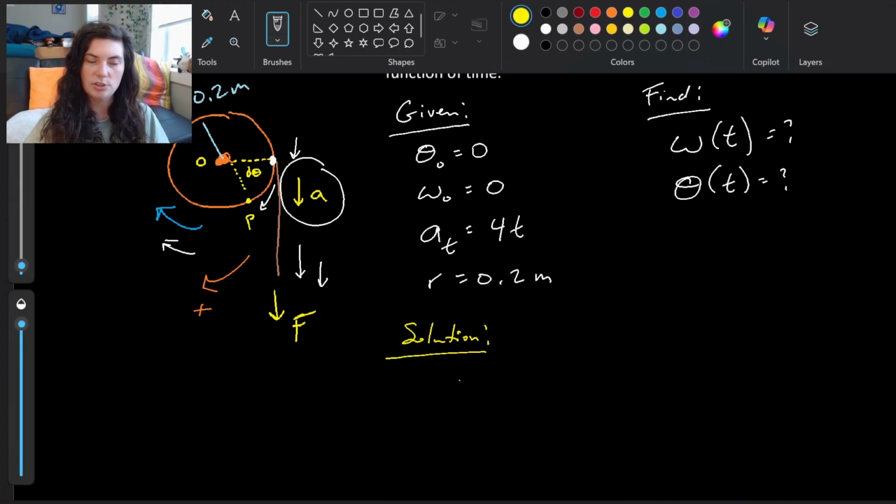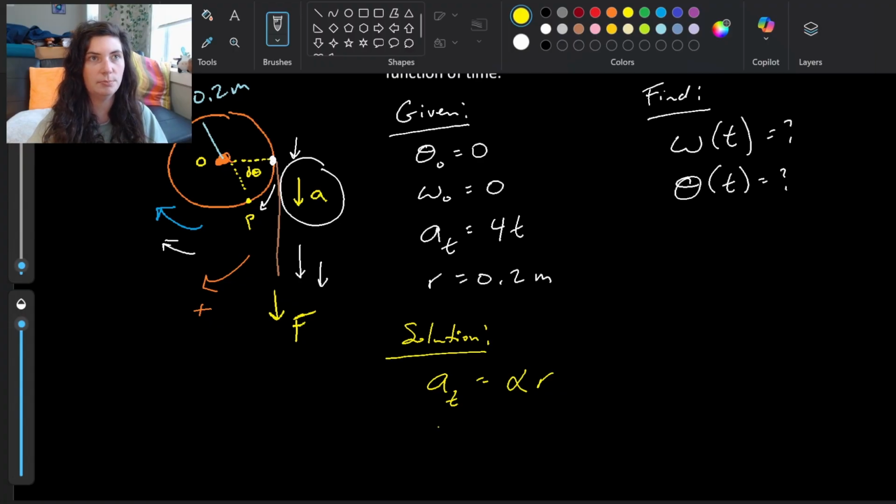So we went over a lot of equations and a lot of relationships. But the first thing I'm going to do is just move into the angular. So I know that I've got a relationship a_t equals alpha times r. Right? Angular acceleration times the radius of this thing that's rotating.